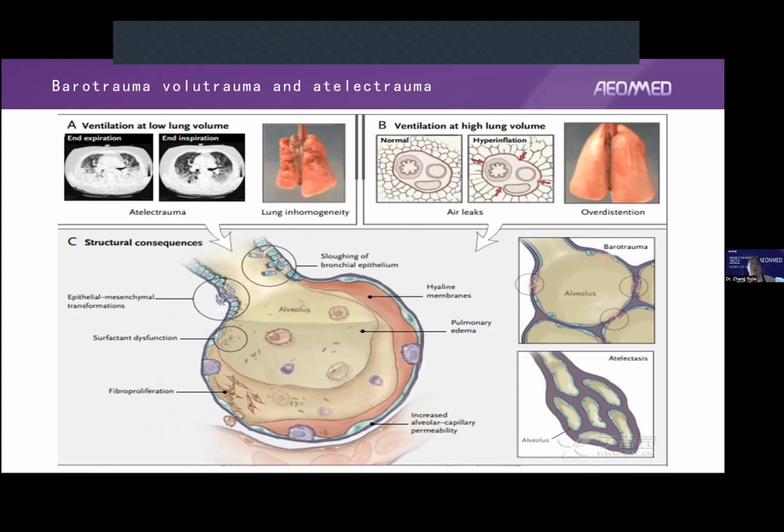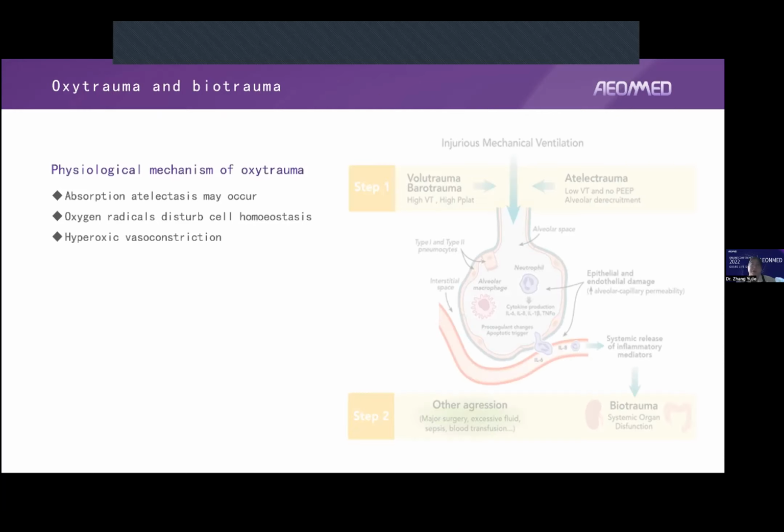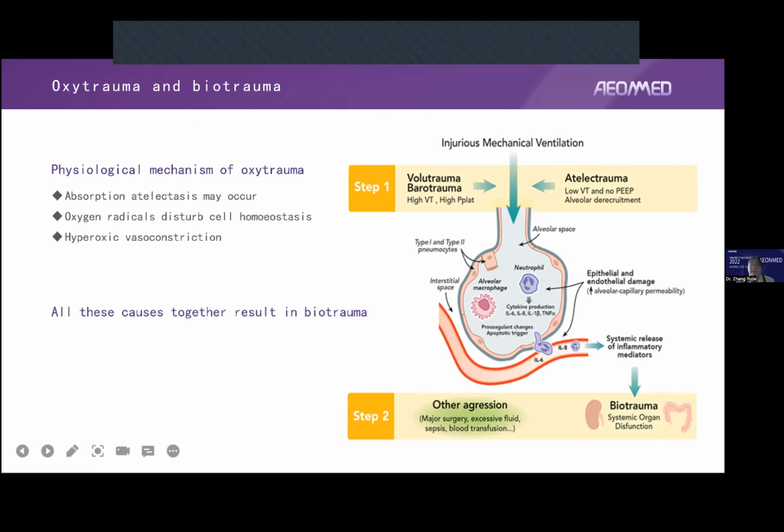And although ventilation is associated with the partial pressure of oxygen, as I mentioned, an overload of oxygen can also cause damage, mainly for these reasons. The oxygen first will be absorbed. If we give the patient pure oxygen at 100%, it will be absorbed by the alveoli, and with the lack of nitrogen, atelectasis finally occurs.